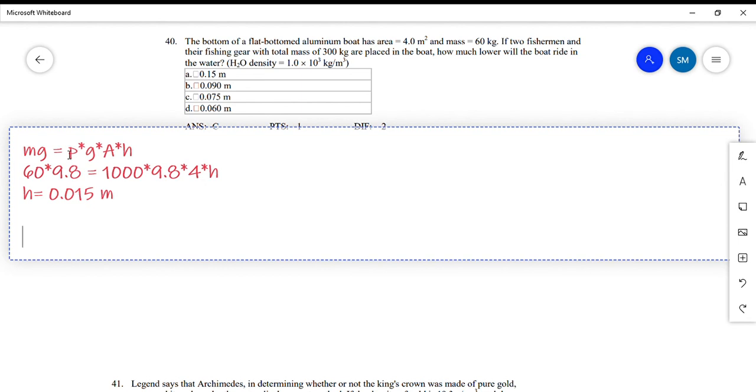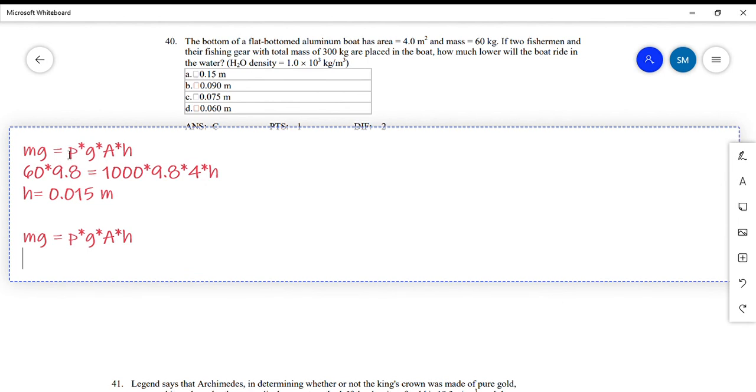In the second case, we will use the same rule, but after adding the mass of the fisherman to the mass of the boat. So the same rule, mg equal to the density times the gravity times the area times the height.